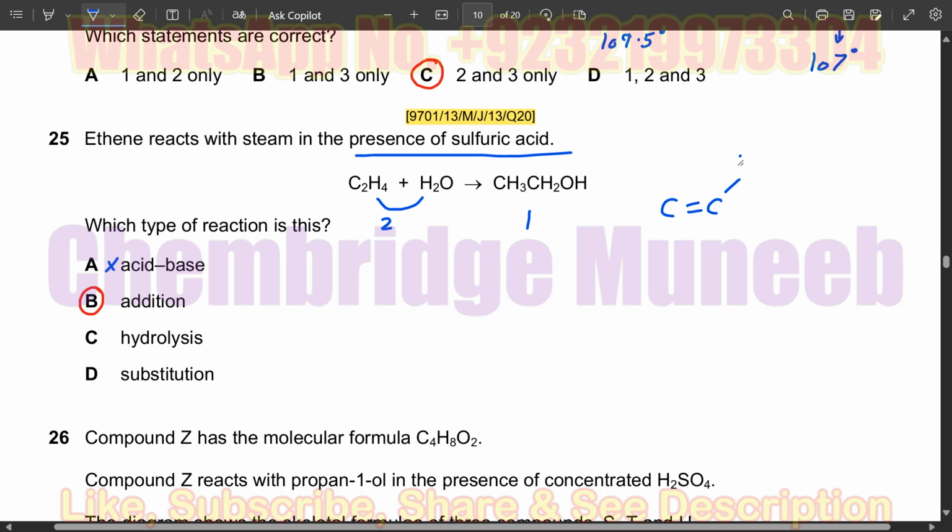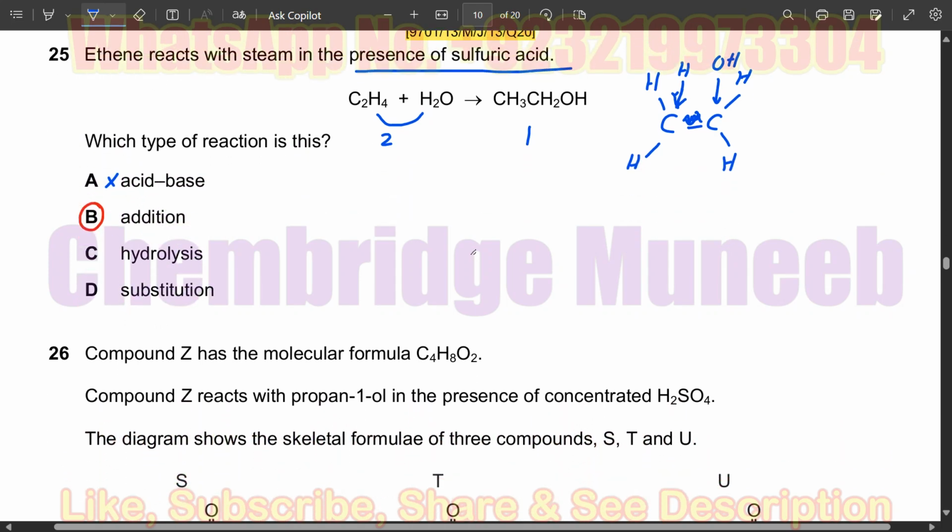Carbon carbon double bond has this structure, ethene has this structure, and when water adds into it, then H will add over here, on one of the carbons, and OH will be added over here, and this double bond will convert to a single bond. So that's why it is an addition reaction.